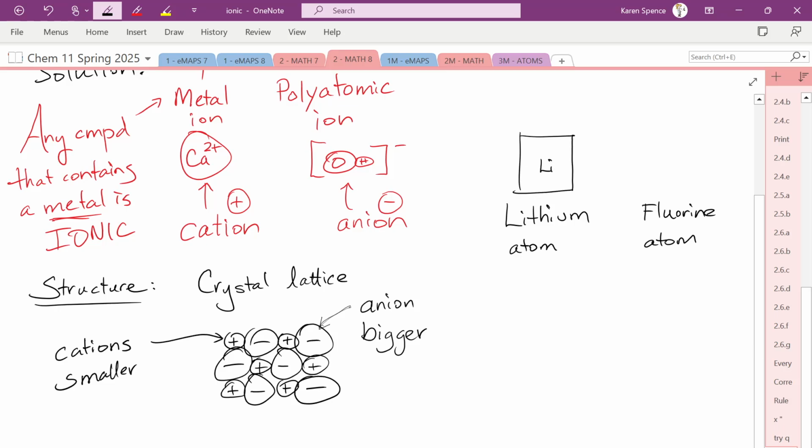Now, lithium on our periodic table has the number 3 at the top, and fluorine has the number 9 at the top. What are those numbers called? That is called the atomic number. And what does it tell you?